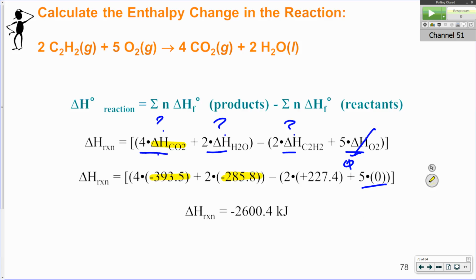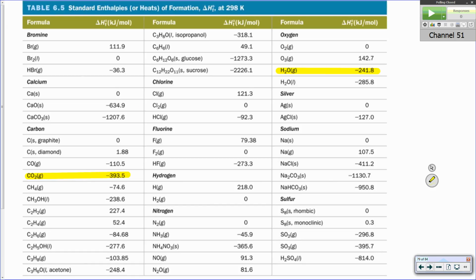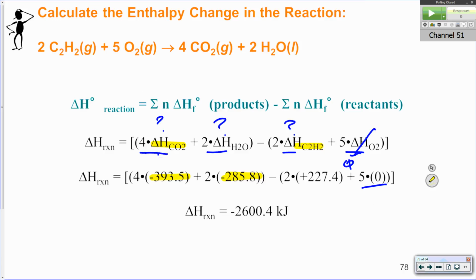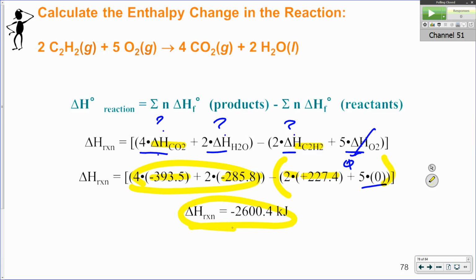And then the last thing is the acetylene. So I'll find C2H2. C2H2 gas is a positive this time, 227. I multiply it by 2, and I take this and subtract from everything that's here, and I get a negative 2,600 again.